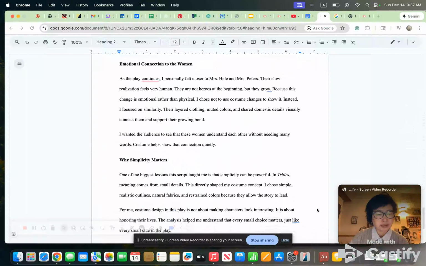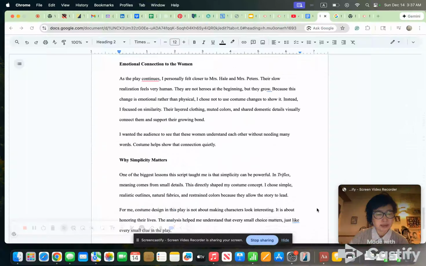I started with inspirational images of the overall production. I searched farm kitchen with natural light and warm surfaces.